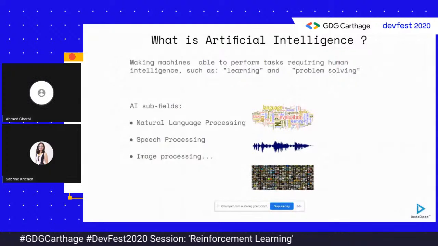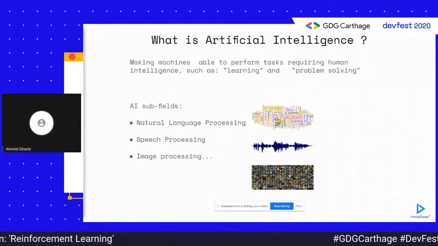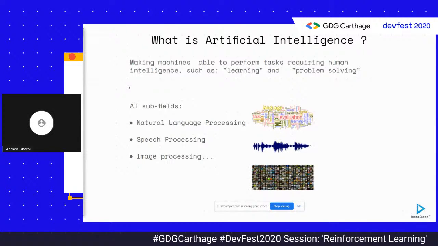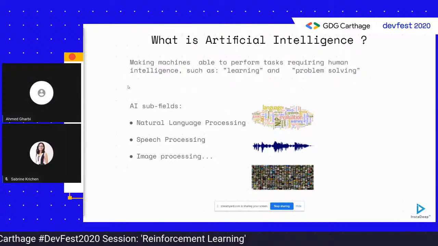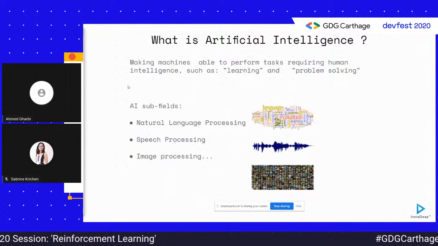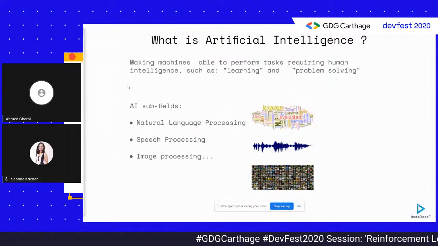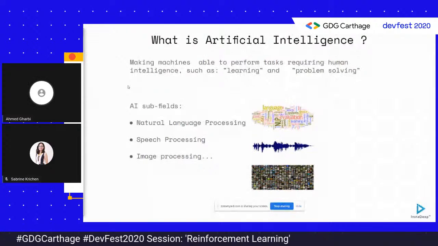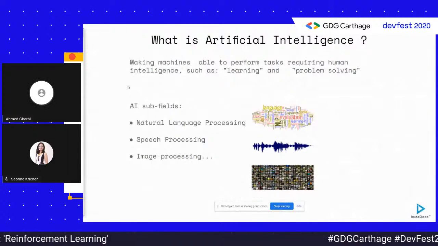Also, AI can be described as the study of intelligent agents, and an intelligent agent is any device or machine that perceives its environment and takes actions that maximize its chance of successfully achieving its goals. So AI has many subfields. We mentioned natural language processing, speech processing, image processing, and computer vision, and many, many other fields.